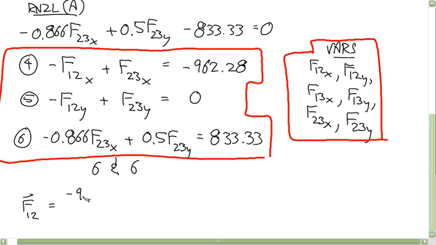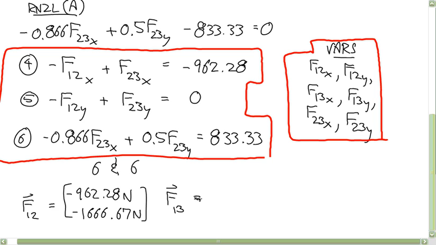So for F12, I got negative 962.28, negative 1666. For F13, I got 1924.56, negative 333.33.